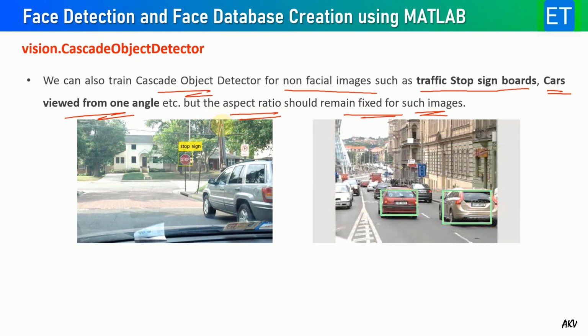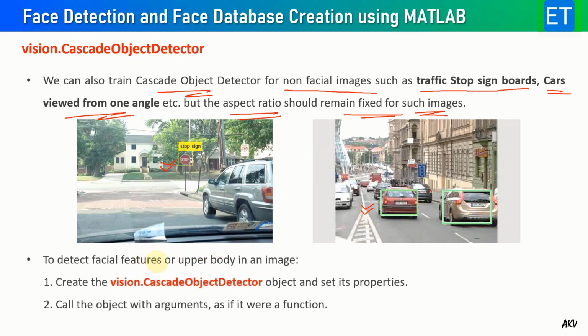Here in these two figures you can see that in this figure the classifier is trained for identifying the stop signage, traffic signs, and here it can identify the cars from the back side. It is trained to identify car images from the back side. You can train from the front side also.